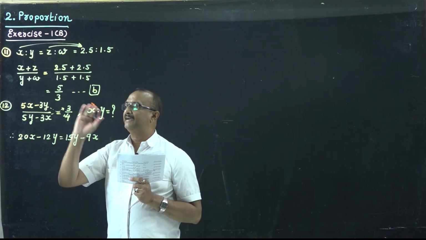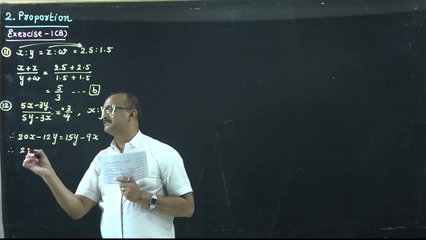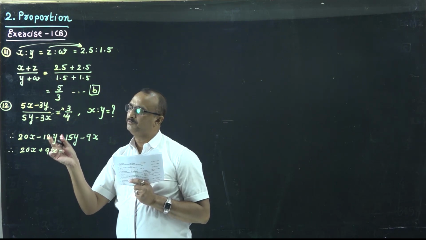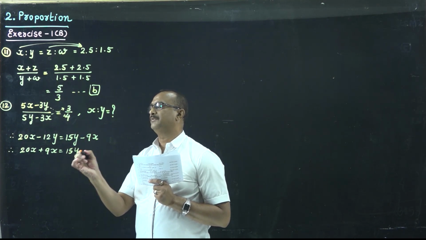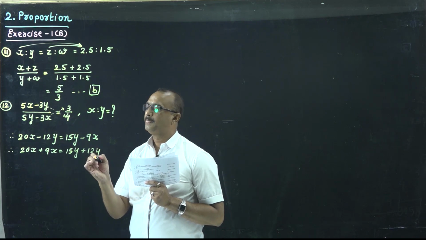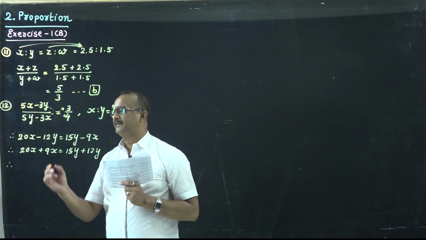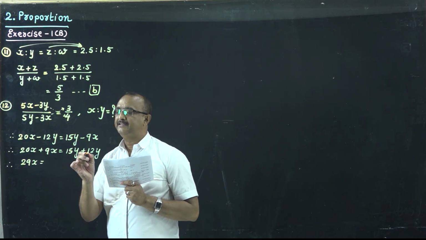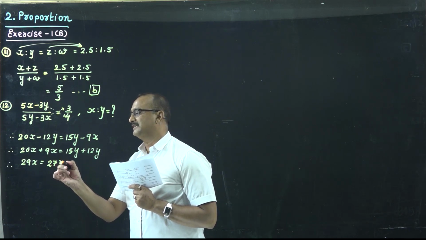Okay, moving 9x to other side. 20x plus 9x is equals to, moving 12y to right side, 15y plus 12y. 20x plus 9x is equals to 29x and here 15 plus 12 is equals to 27y.